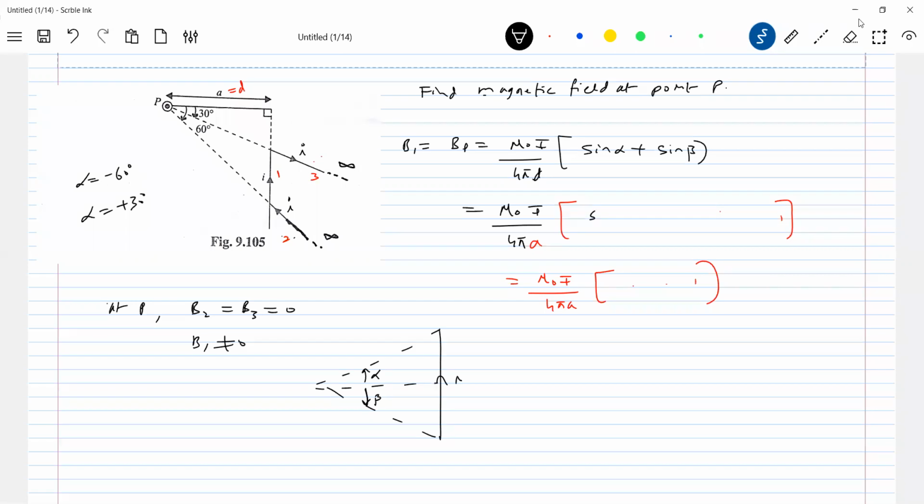So this will be sine of minus 60 plus sine 30. Just be careful related to that. So the total will be mu naught I by 8 pi A, times 1 minus root 3.